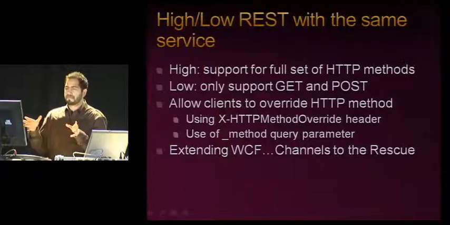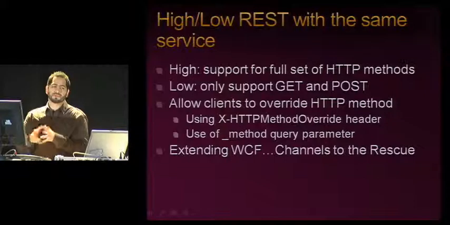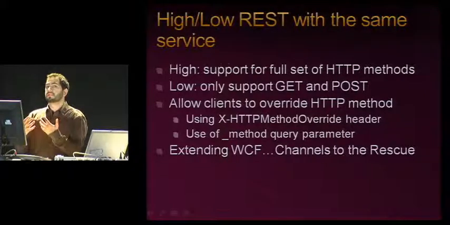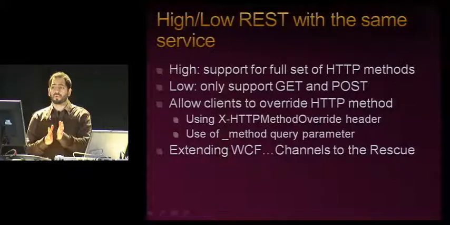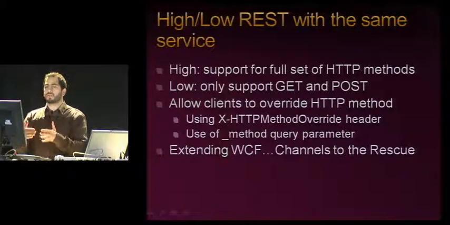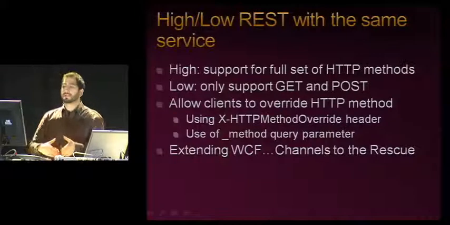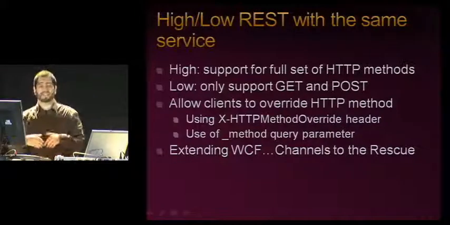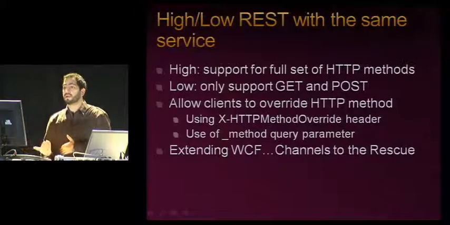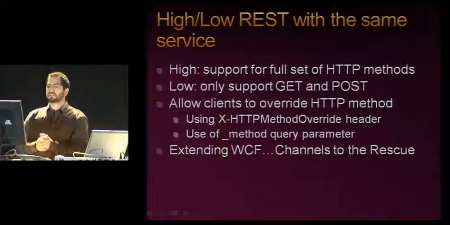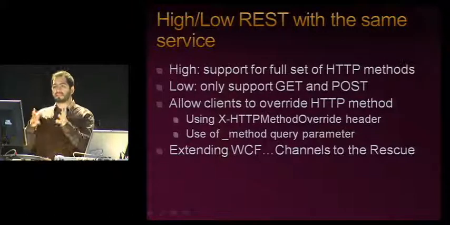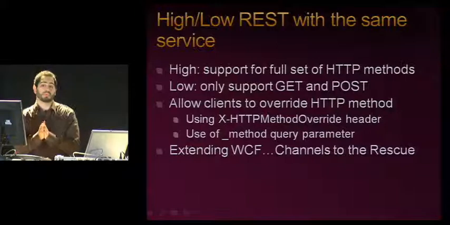So some of the main figures in the REST community have given recommendations about how to make your service high-low REST bridged. Two ways are, when you make your request, let's say you intend to make a PUT and you want to send a payload with it, you would instead do a POST. But in your URI, you would add a query string parameter called _method equals, and then you would indicate what actual HTTP method you want to send.